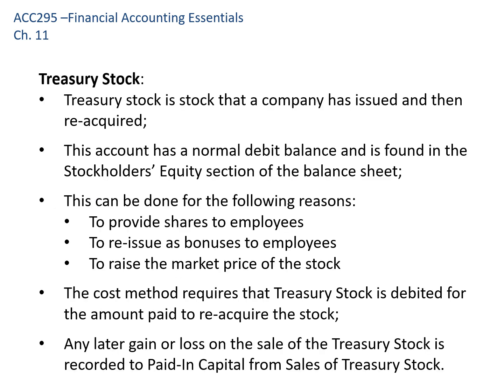Treasury stock is when a company buys its shares back. The reason that companies buy their shares back is, we'll talk in a minute about earnings per share, a very important figure, but the value of a company is based on the expectations of investors, what they think the future is going to be. It's not based on how much cash is in the bank.